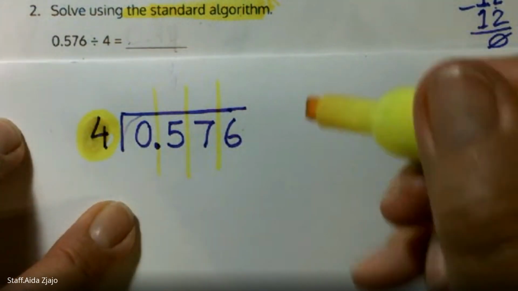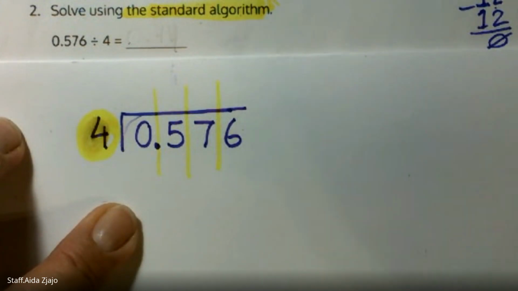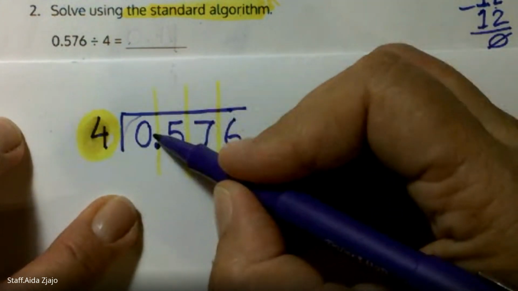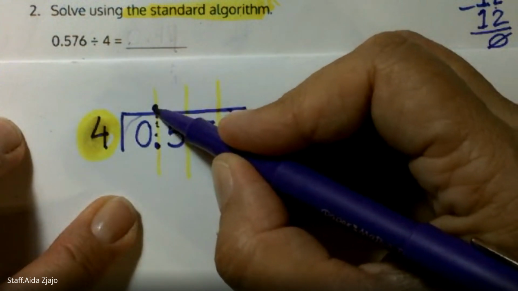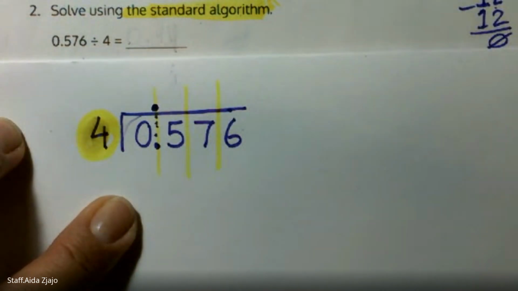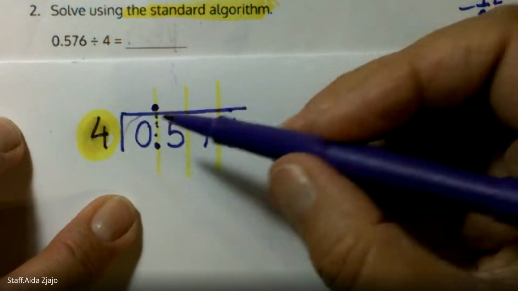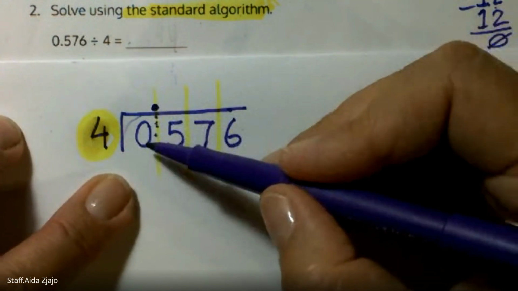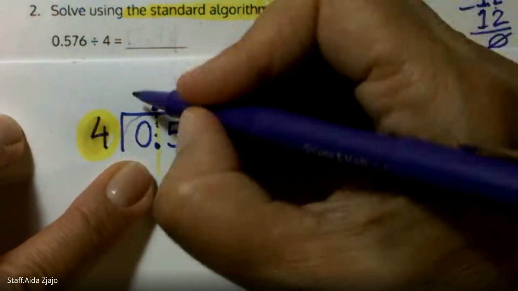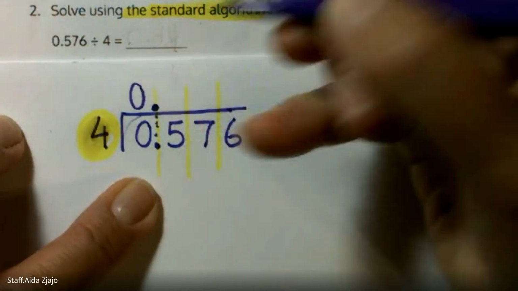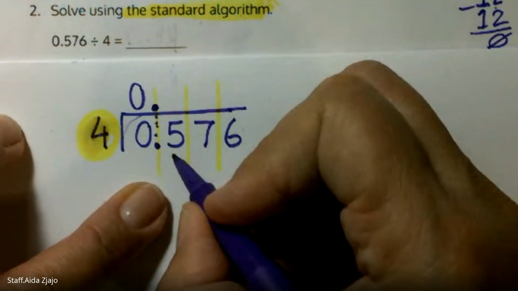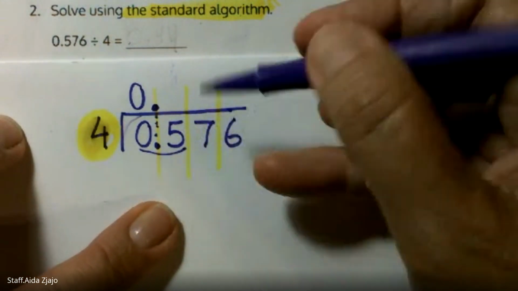Okay, and I go one number at a time because this is the whole number. The decimal is going to appear right above where it is under the bridge. So now 0. If I have 0 wholes, I cannot make any groups of 4. Okay, now I'm going to combine and I will now go to 5.